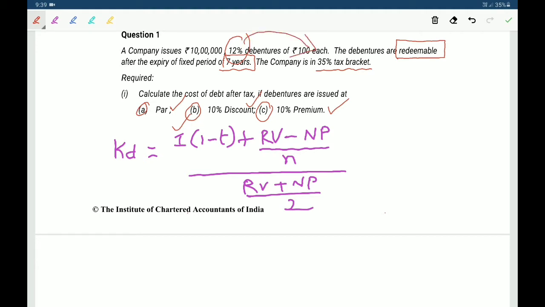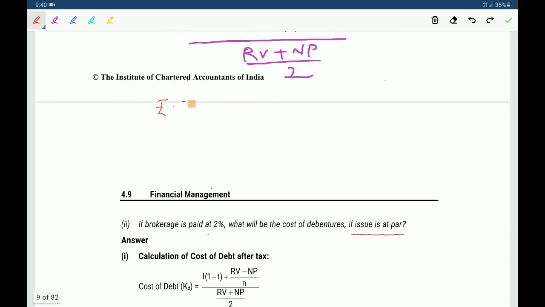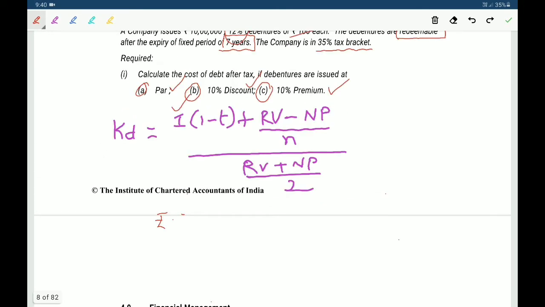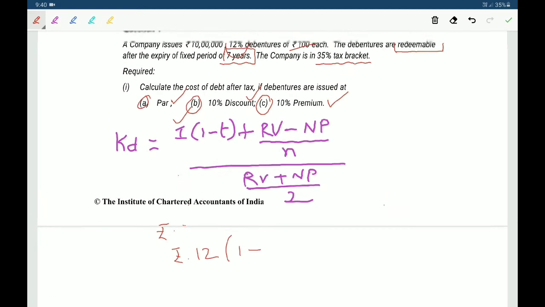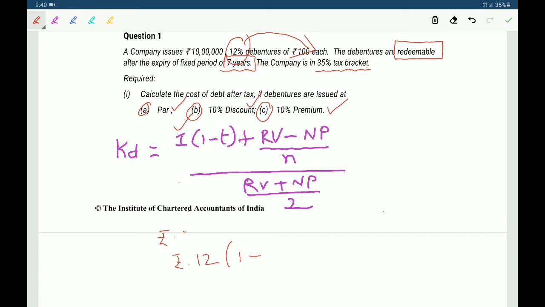That means 12 rupees into 1 minus taxation. What is the tax rate? 35% tax bracket, that means 0.35 is the tax, plus redemption value.